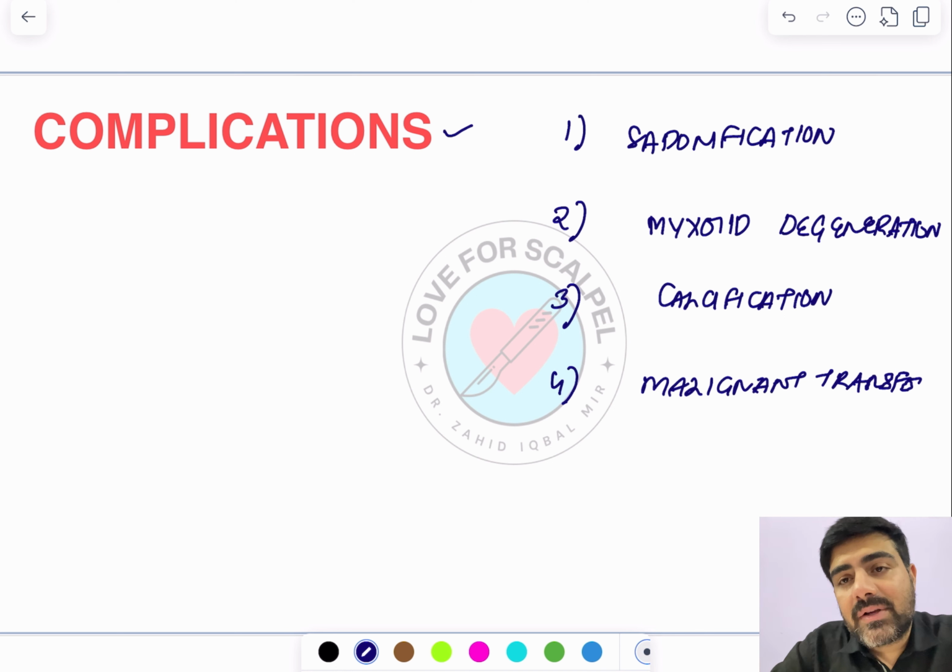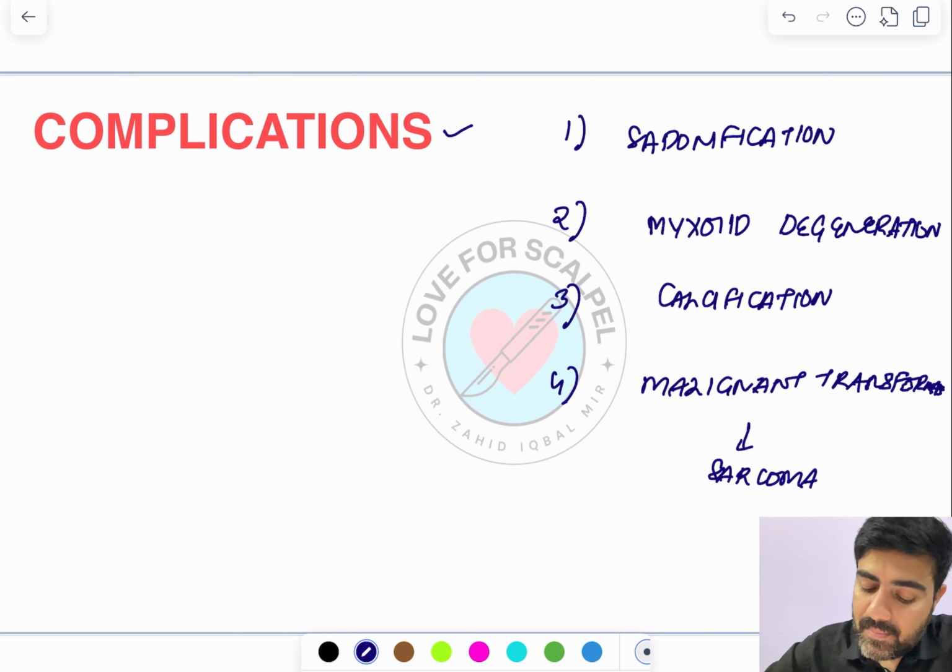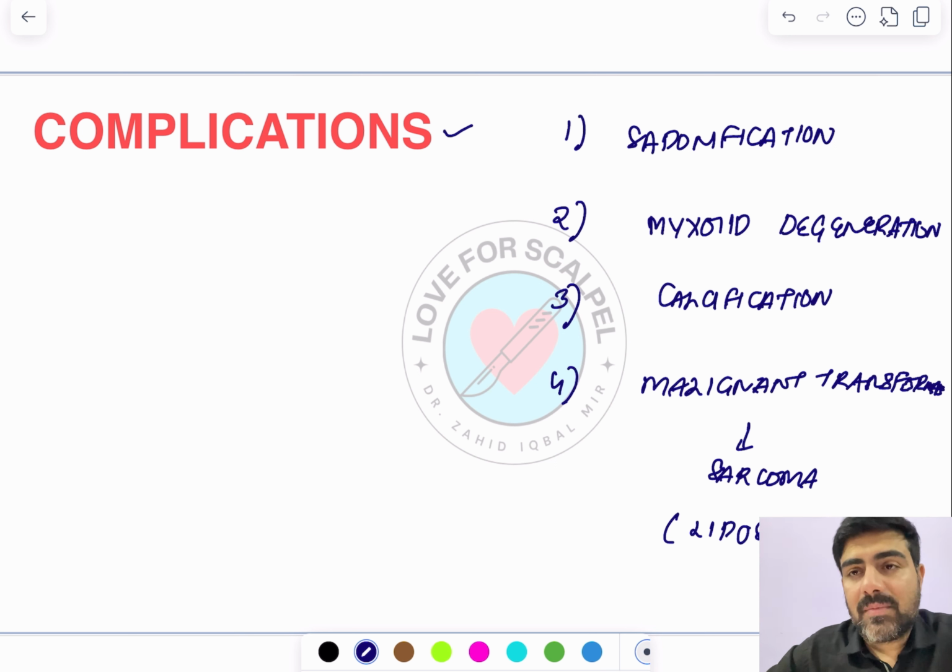And in this malignant transformation, we have sarcomatous change. So it develops liposarcoma. So these all are basically complications of lipoma.